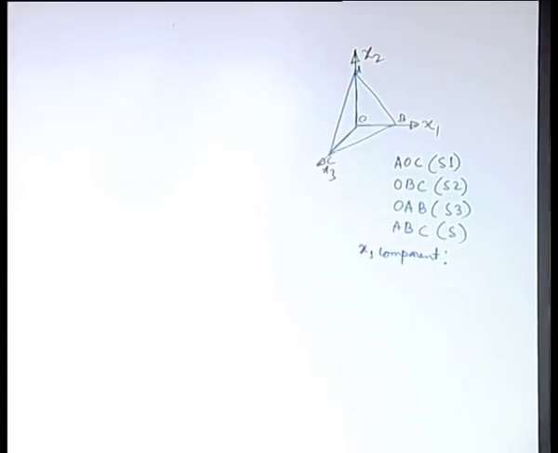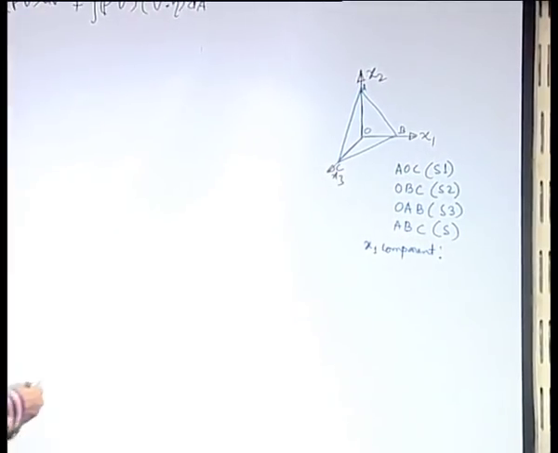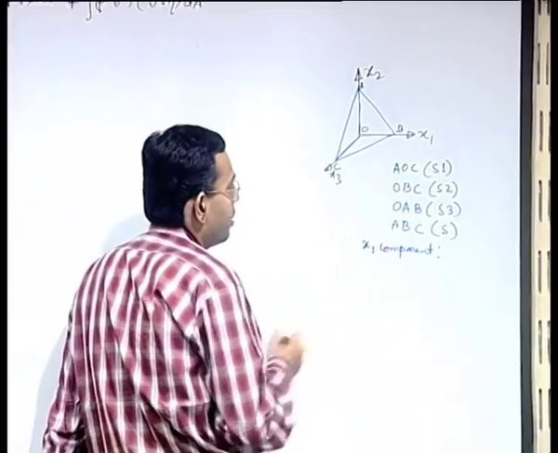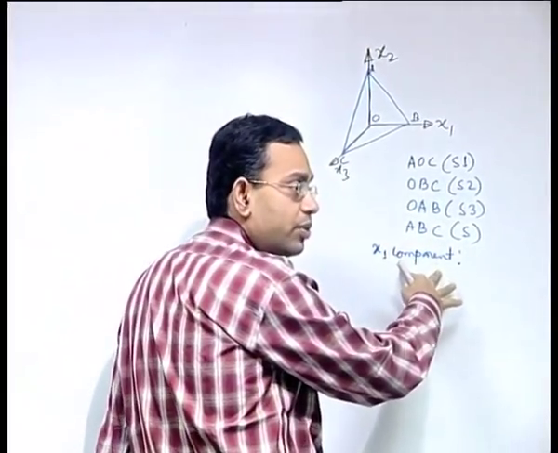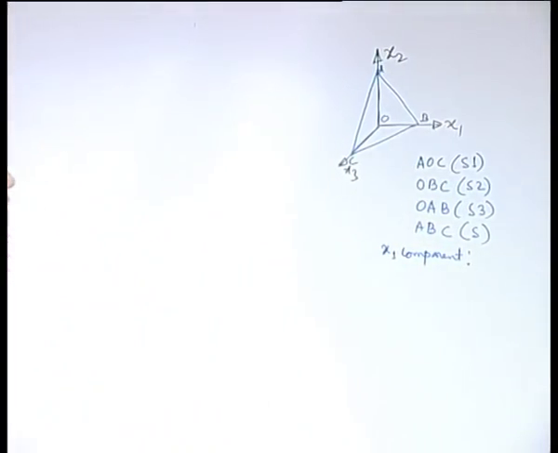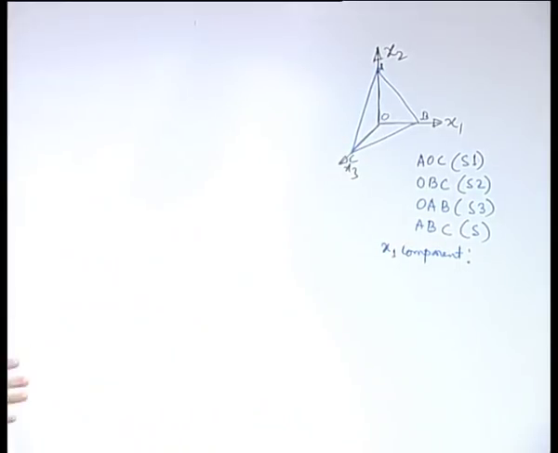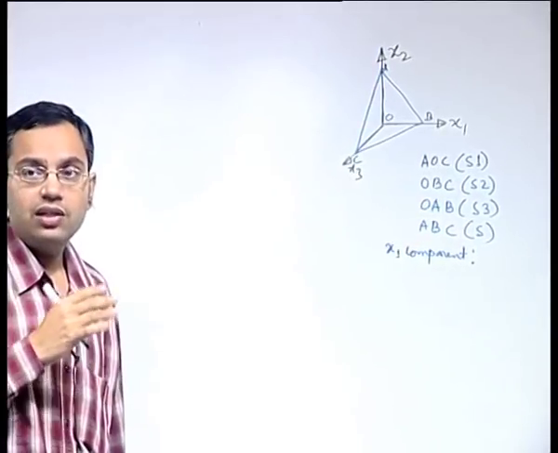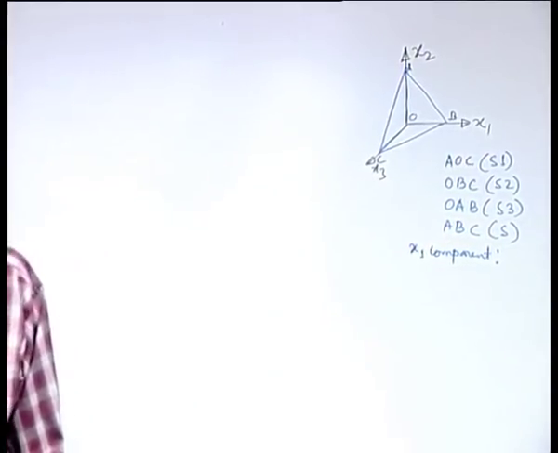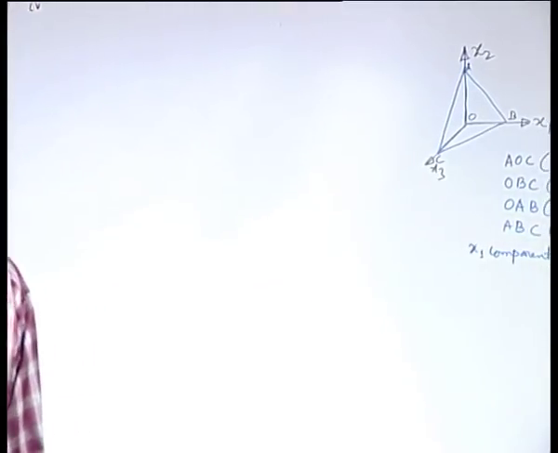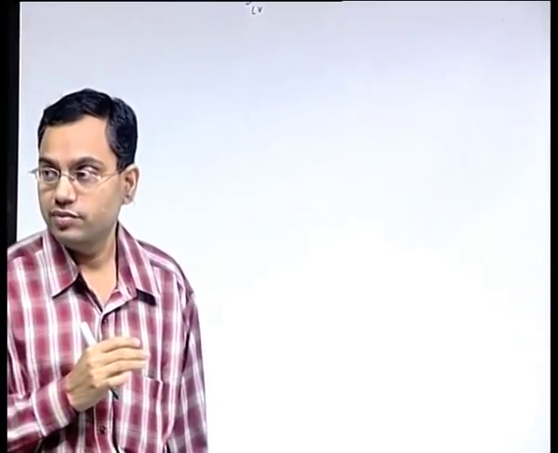First let us identify the force on surface S1. So, we are interested only in the x1 component of the force. We will follow a sign convention that the tau ij will be acting along positive j if the normal is along positive i.